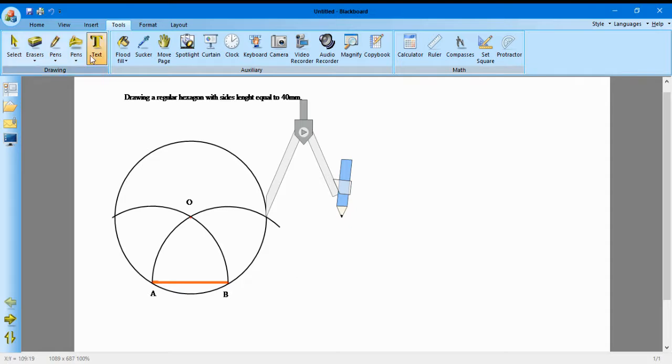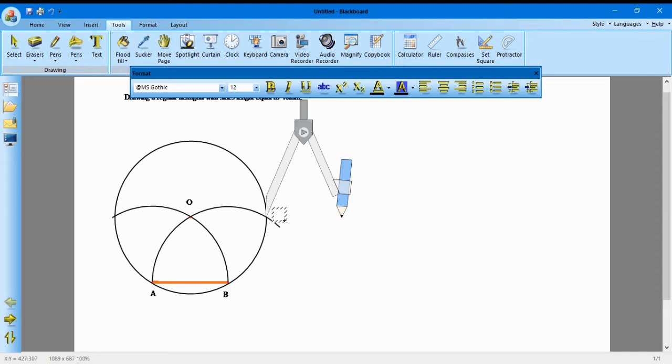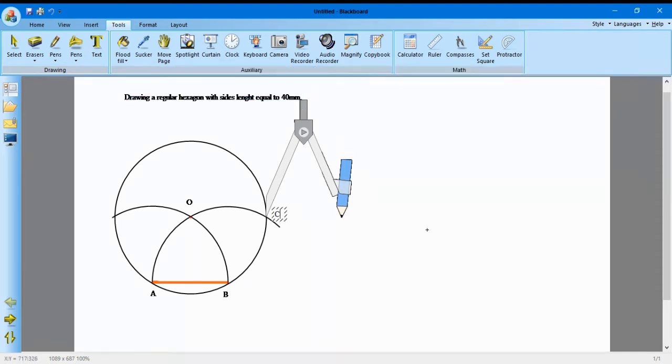This arc, I will call it point C. Right? Okay.